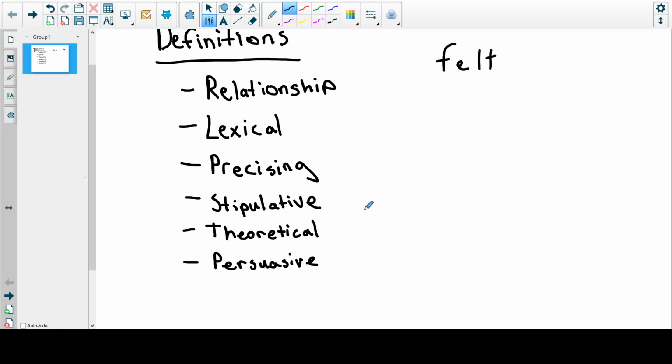Sometimes you can use them to give a new meaning to a word. That's sometimes common. So say you're using felt in a new way, like you redefine felt to mean something else, like you name a tree felt, and you're trying to define the term felt as the type of tree. That's just an example.